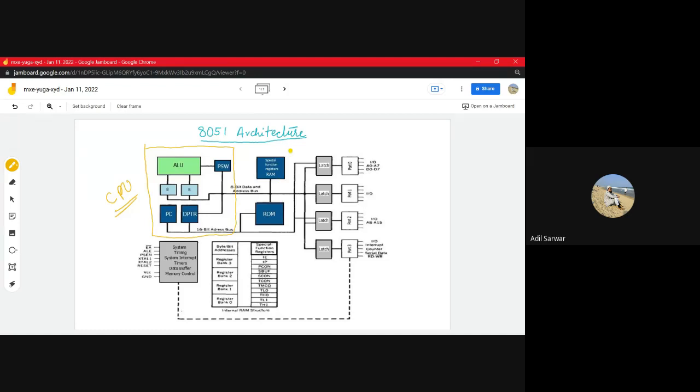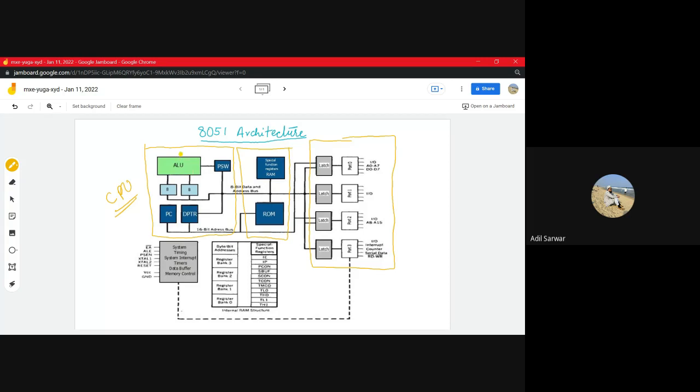And then we have this part, which is the memory part. And then these are the IO ports of 8051. Okay, so let's start with the CPU.